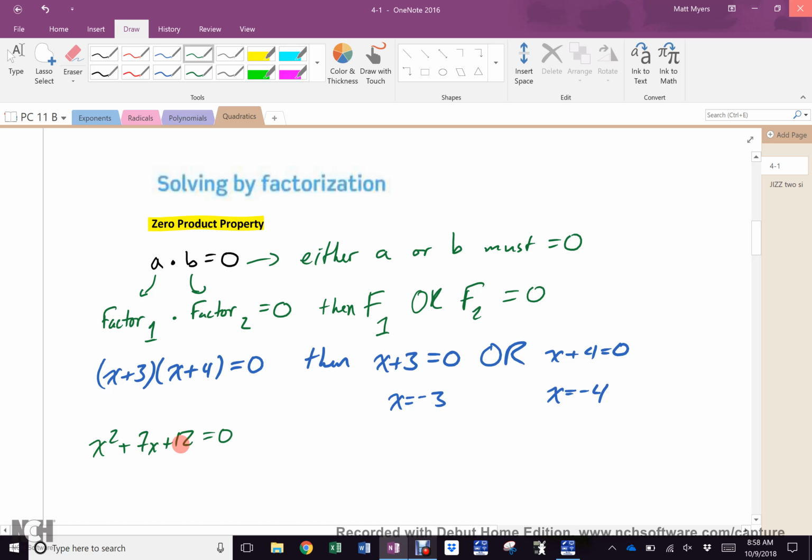Negative 12. What's negative 12 plus 12? 0. Everybody see? What's negative 4 squared? 16. What's 7 times negative 4? What is 16 minus 28? Negative 12. What is negative 12 plus 12? 0. Does everyone see how this works?